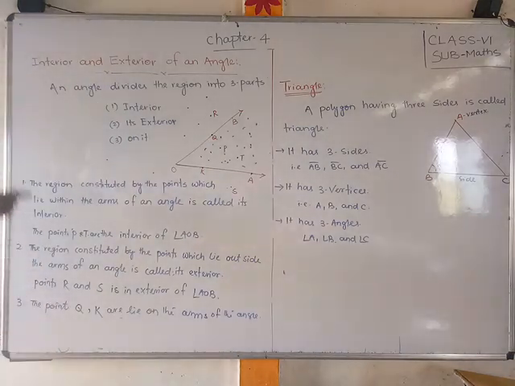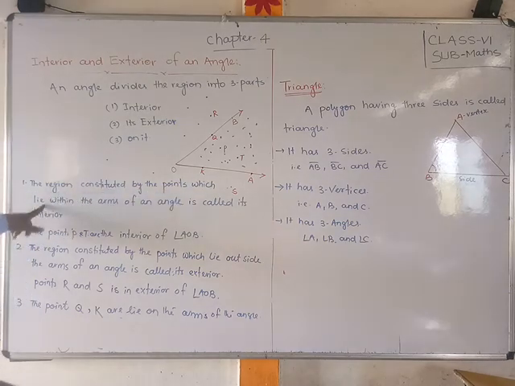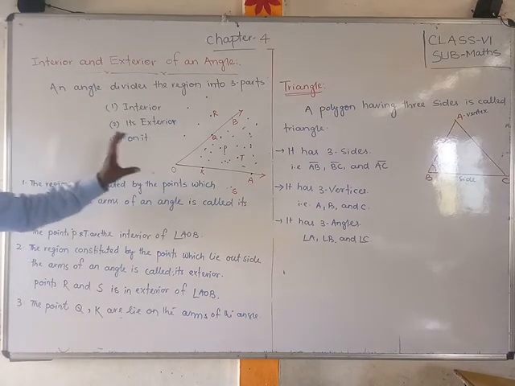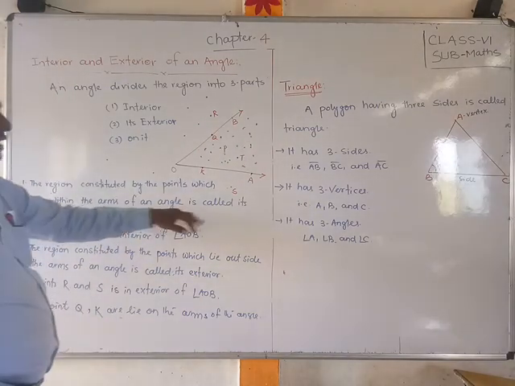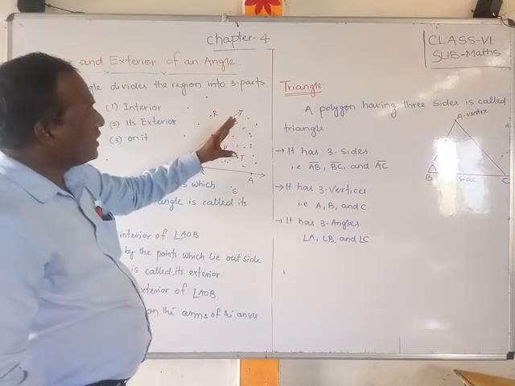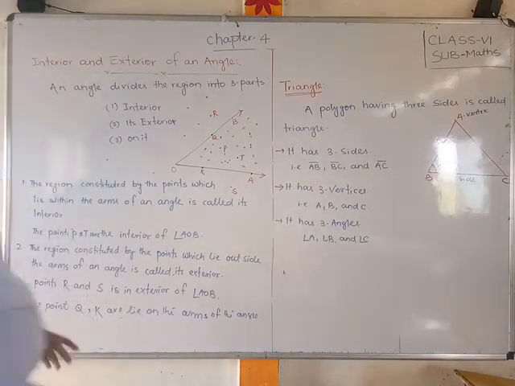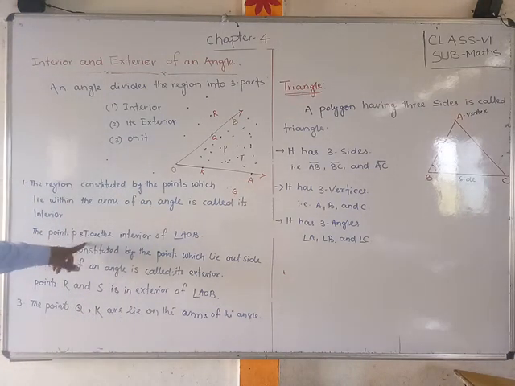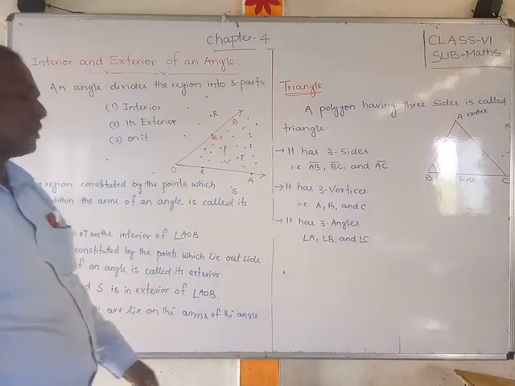First, the region constituted by the points which lie within the arms of an angle is called its interior. The points P and T are interior points.